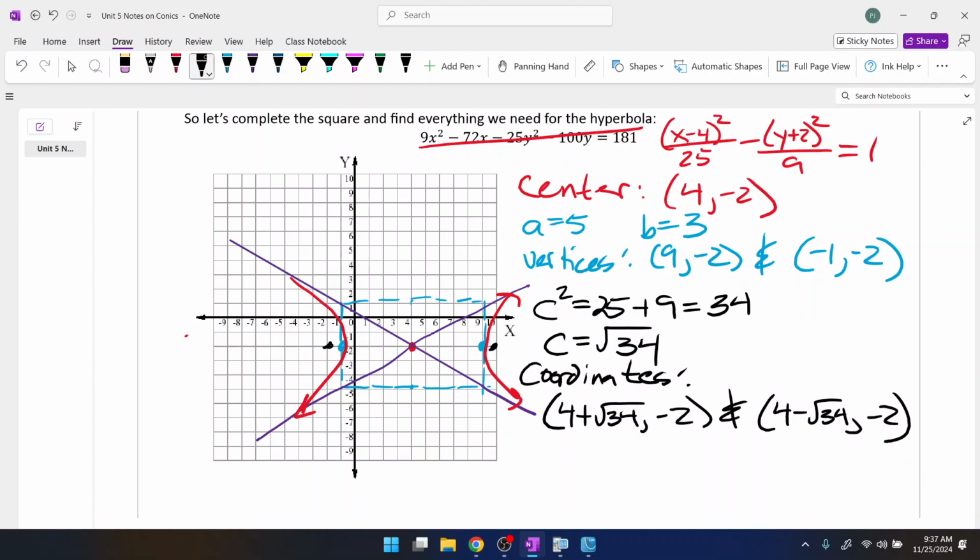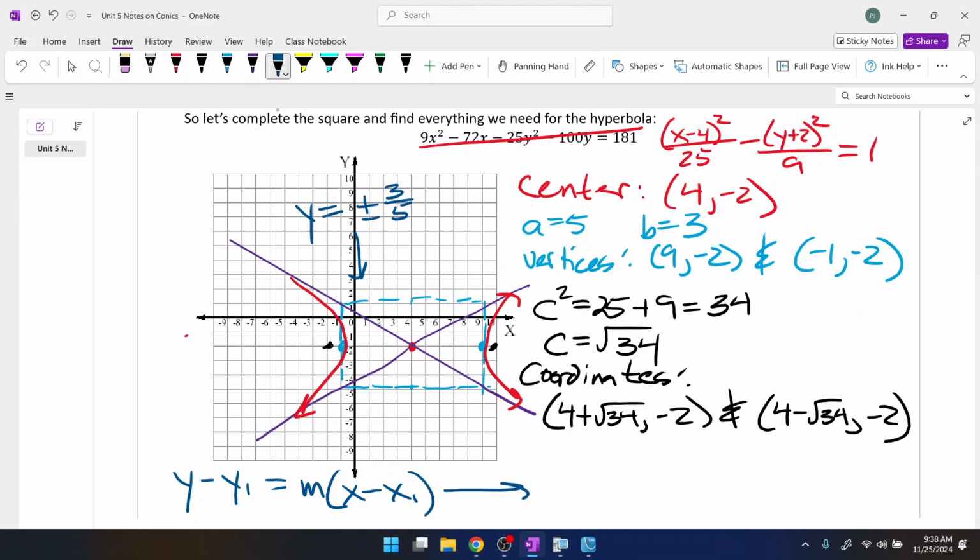Now, for the asymptotes, the asymptotes are being transformed in a way. Now, you're not going to have to give me the fully finished one here, but the slope of these is going to be obviously plus or minus 3/5. However, this is where it gets a little sticky. Now, if you remember point slope, y minus y sub 1 equals m times x minus x sub 1.